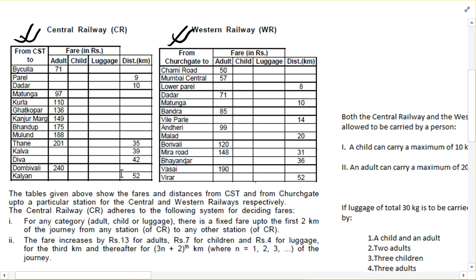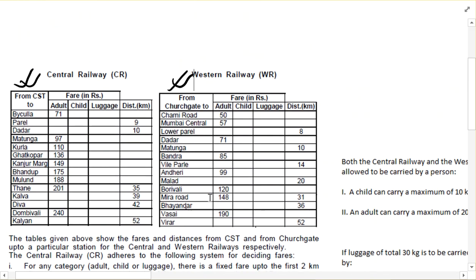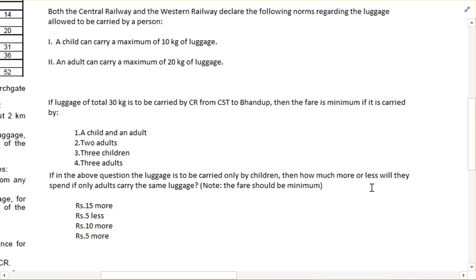There are various rules for calculating fares and distances. Many data are missing. But as you know, there's a different approach to every single problem of LR. I always say, at first, take a look at the questions which are asked. In the questions, you can see luggage of a total weight is to be carried by Central Railway from CST to Bhandup.